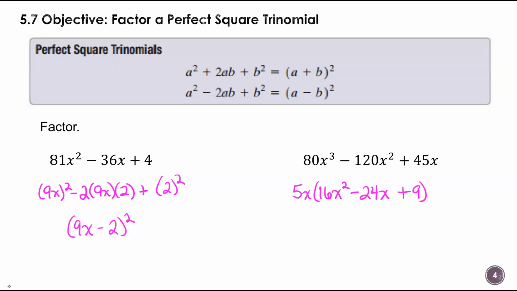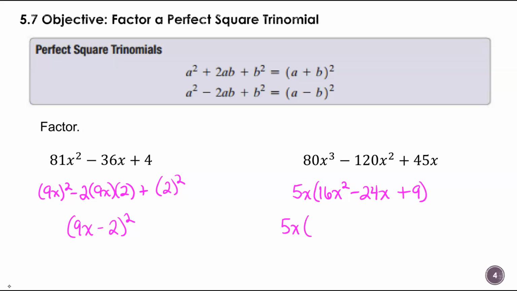Okay, now we have a perfect square, right? 16x squared and positive 9, and you are always checking that. If my first and last terms are perfect squares, then I check the formula to see if it's a perfect square trinomial. And it's not always a perfect square trinomial. It just happens to be my examples are, because that's what I'm teaching you, right? Okay, so now let's look at this.